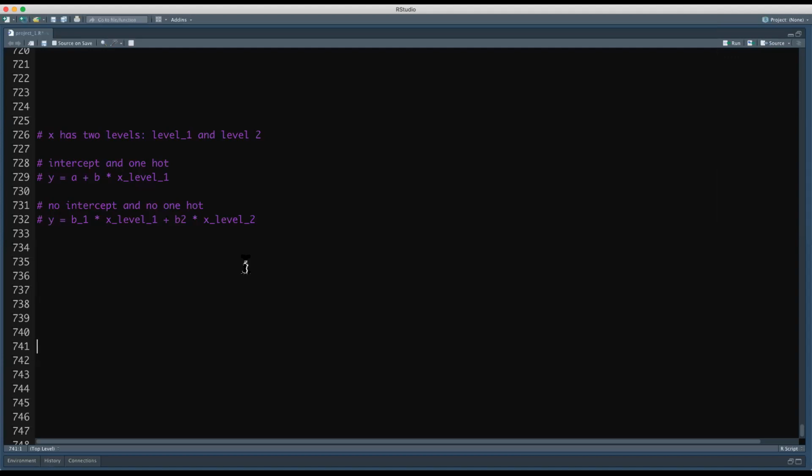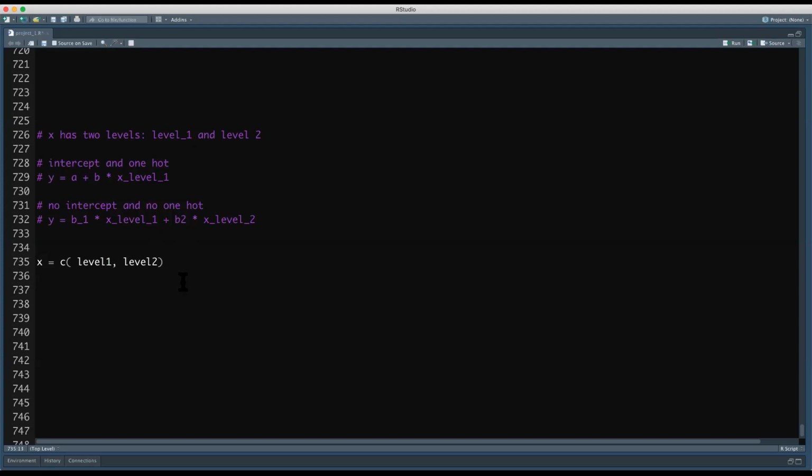I assume you can. Okay, so as I said, X has 2 levels, level 1 and level 2. If we use intercept and one-hot encoding, then we build a model like Y equals A plus B times X level 1. Originally X has 2 levels, level 1 and level 2.